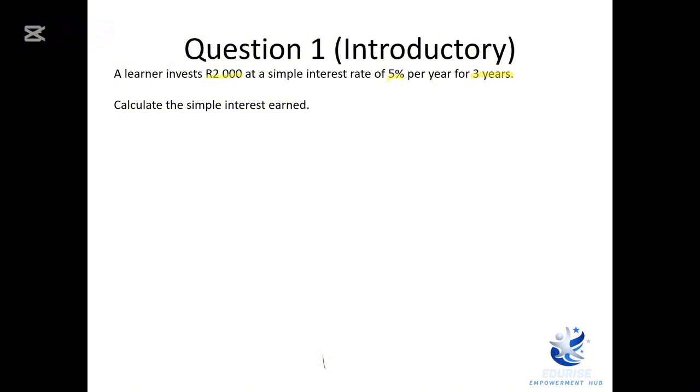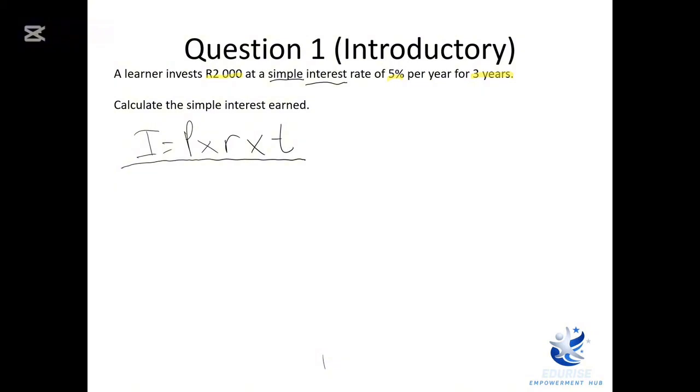Now, we should remember that our formula is I is equal to the principal amount multiplied by the interest rate per year multiplied by the time. This is what should come into your mind as soon as you see these two words next to each other.